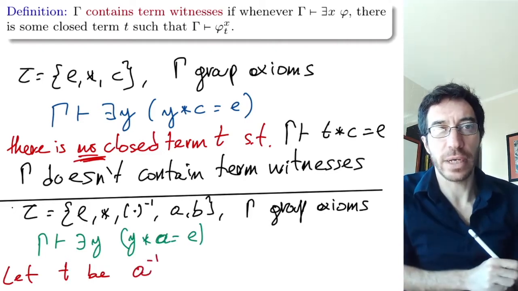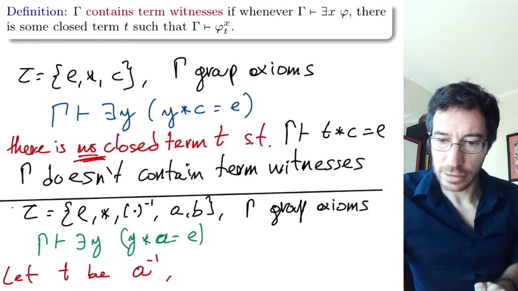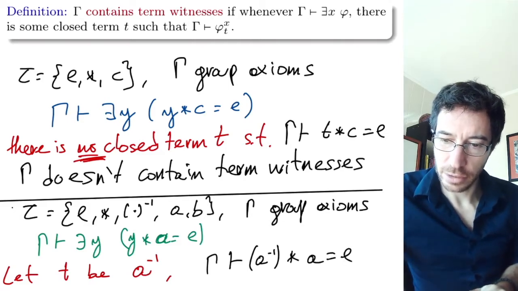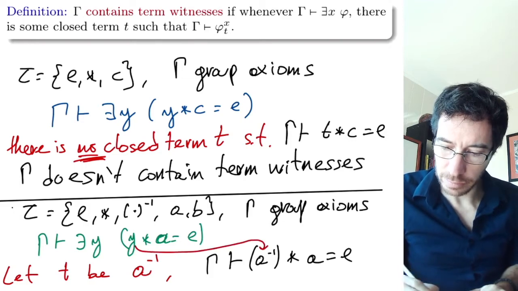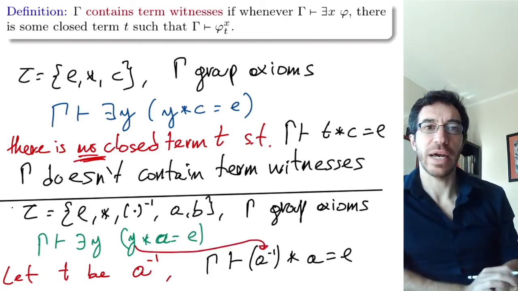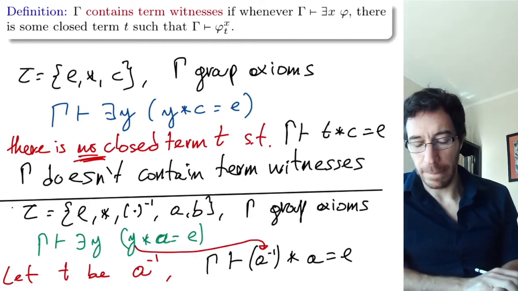And if we replace y by a inverse, we get that gamma proves a inverse star a equals e, right? So we are replacing the y by a inverse, and it works, right? So we have a witness for that one.